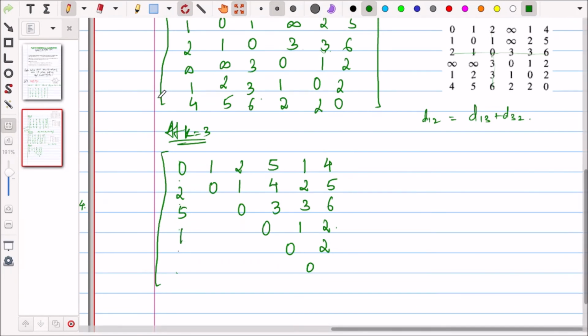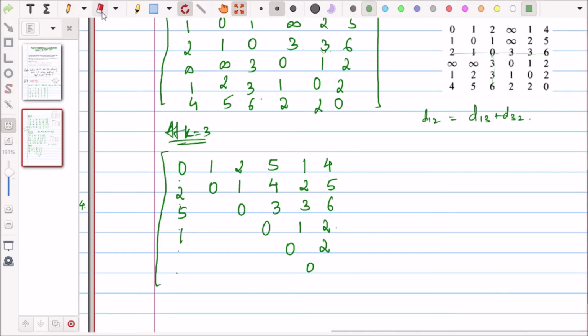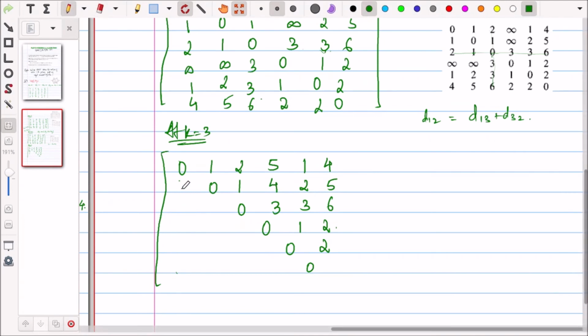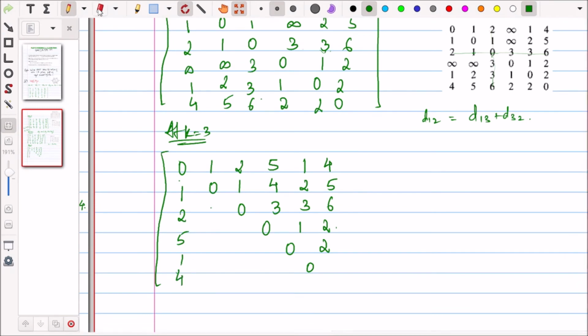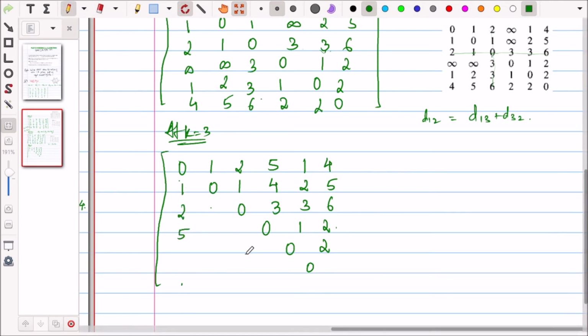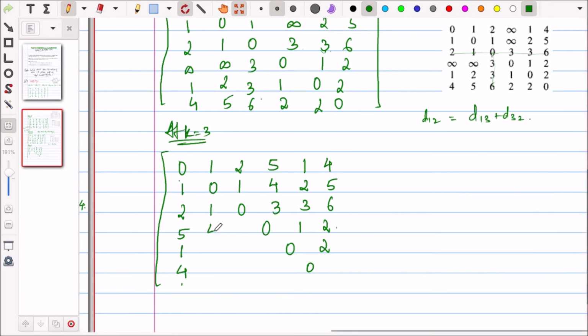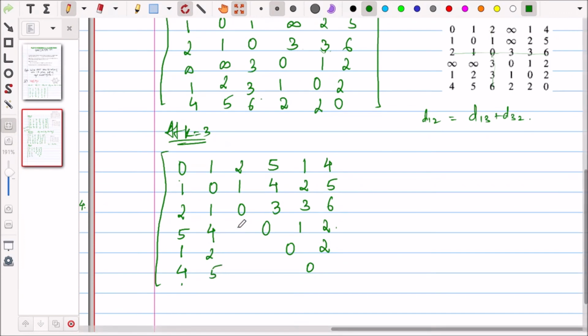Sir, one was left in the first column. अच्छा हाँ हाँ ठीक. 1 2 5 1 4, गलत हो गया. 1 2 5 1 4. Okay, then 1 4 2 5. Then 3 3 6 1 2.